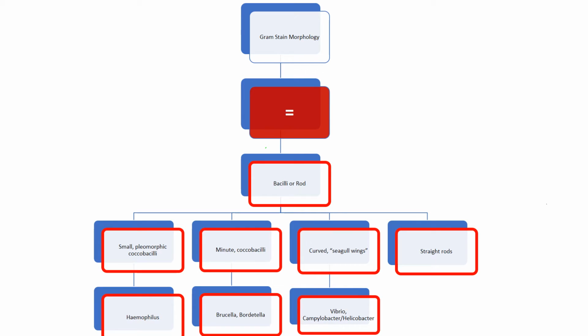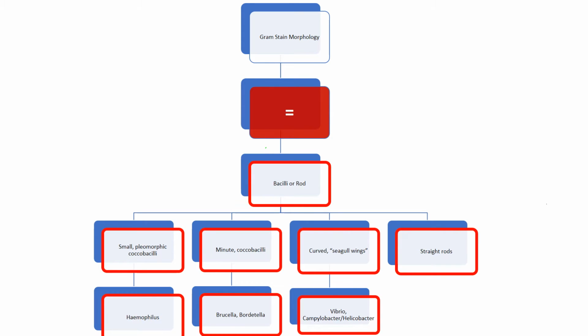But then you may find some rod-looking organisms that some people, because of their inexperience in looking at the gram stain smear, may think that there are two different kinds of organisms present on the smear, when in fact that is what we call pleomorphic, pleo meaning different sizes and shapes. So immediately think of Haemophilus, small pleomorphic cocobacilli, very tiny, different sizes and shape.